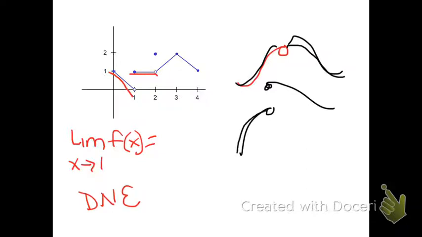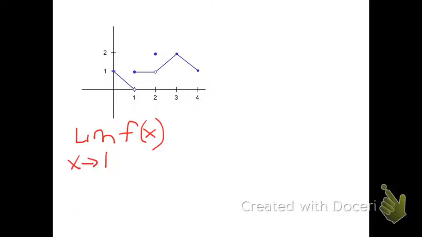This would be my left-hand limit. This is my right-hand limit. But the overall limit would not exist. So, back to the question at hand, the limit as x approaches 1 does not exist. Now, if I just added one itty-bitty little thing, and I asked instead the limit as x approaches 1 from the left, that answer would be the height as x approaches 1 from the left, which would be 0.